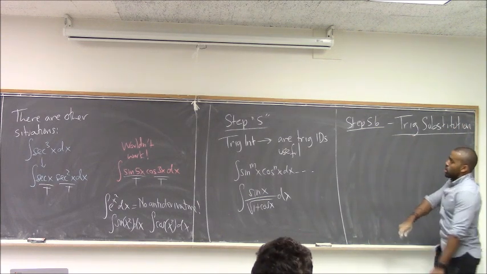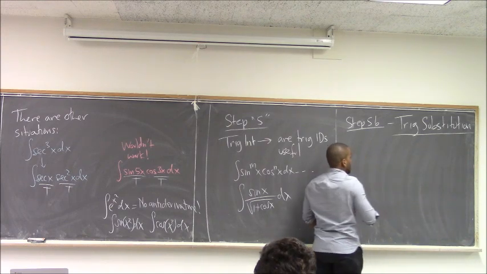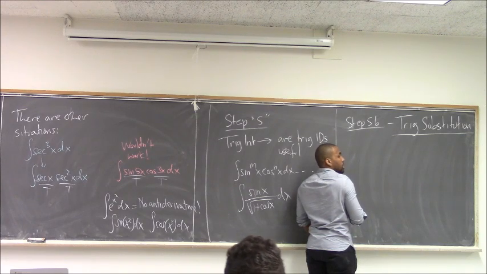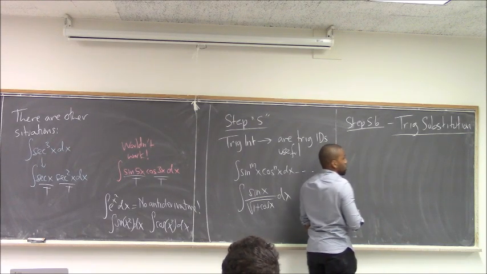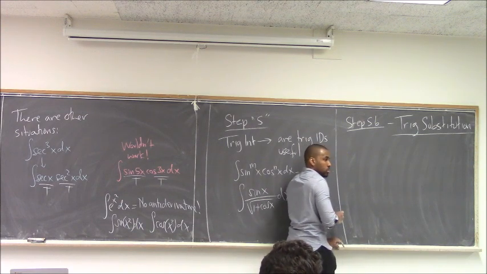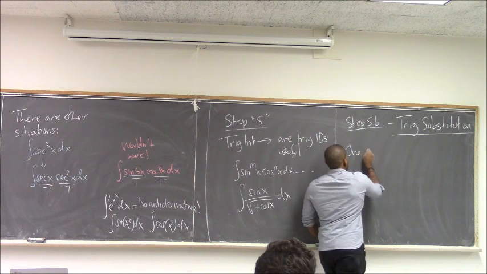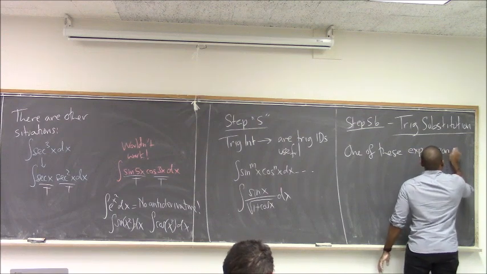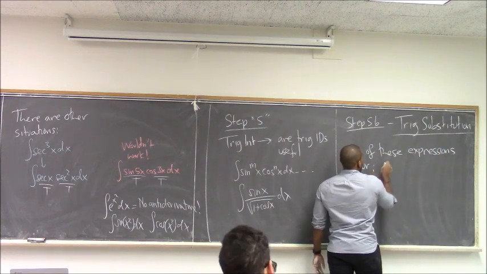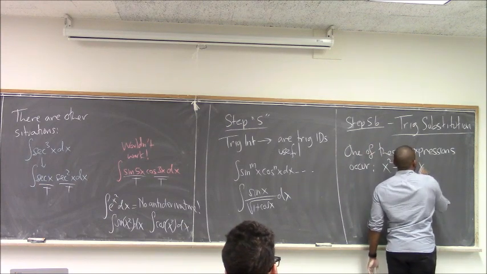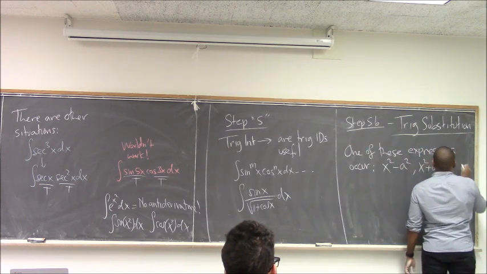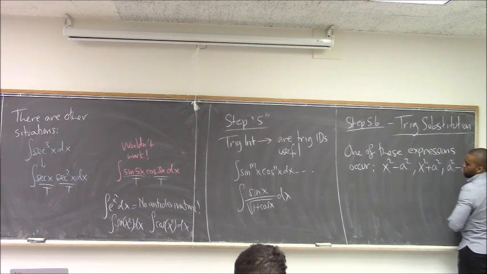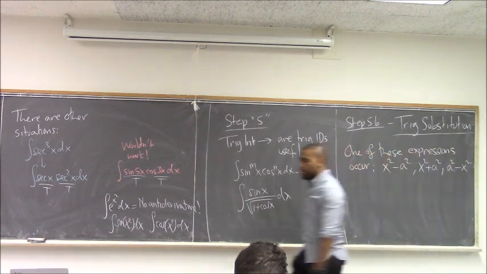When is a trig substitution going to work out? How do you know trig substitution would be something you might want to try? Is it one of those three cases? One of these expressions occurs: an x squared minus an a squared, or an x squared plus an a squared, or an a squared minus an x squared. Here your a is a constant, and your x is a variable, loosely. Of course, there can be variations on this.